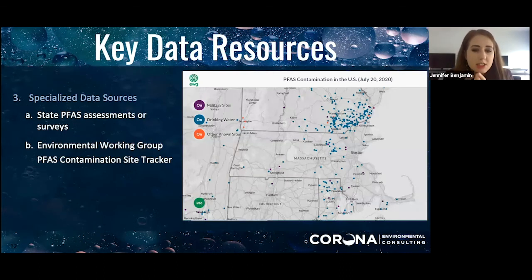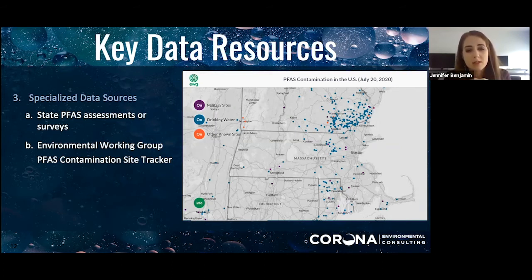And then a lot of state agencies have also done their own PFAS assessments or surveys. So it's worth taking a look at what your own state has already done in your area if you're not sure where to begin. Some states have PFAS sampling programs where they've gone out and looked at where PFAS has been detected, either in soil or in water systems.